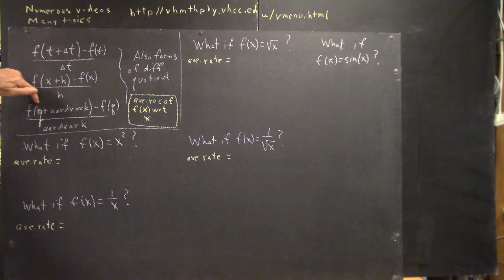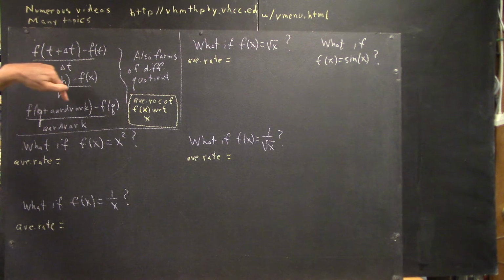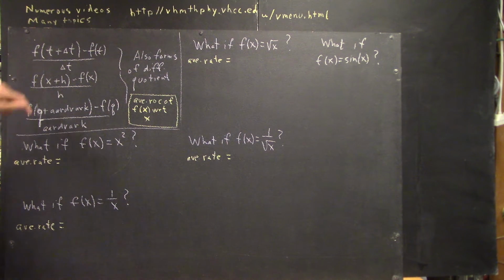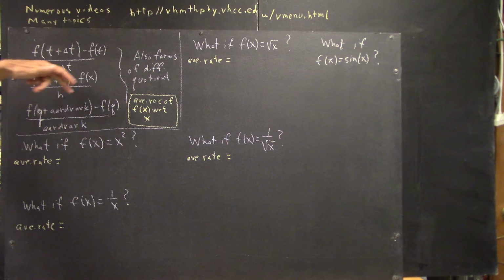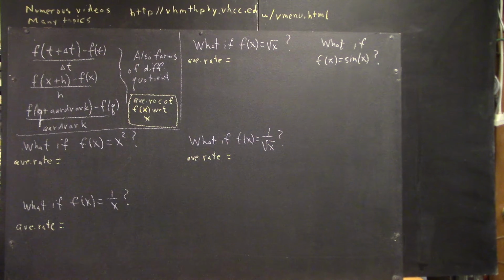You could even use q for your variable and aardvark for the change in that variable. You couldn't do q plus aardvark unless aardvark was the same kind of quantity as q, because you can't add two different kinds of quantities. It'd be like unlike terms. So somehow aardvark would have to be related to q. But this is more whimsical than anything.